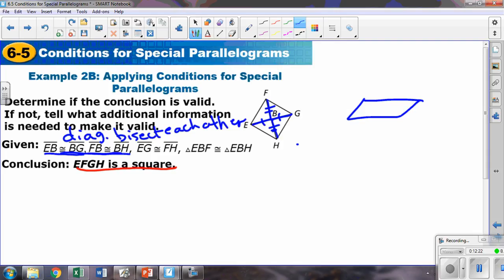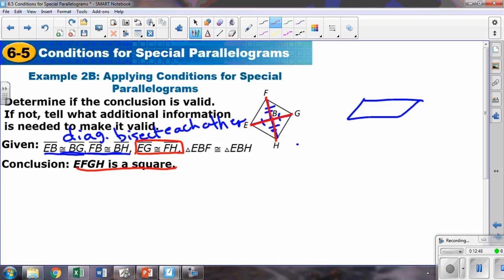Okay, now that we know it's a parallelogram, we have to go through and check. Is it a rectangle? Is it a rhombus? Okay, changing colors. EG congruent to FH. The two diagonals are congruent.